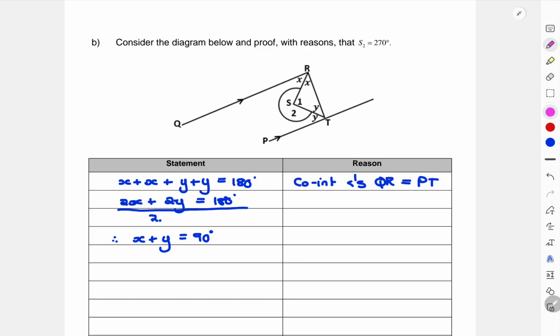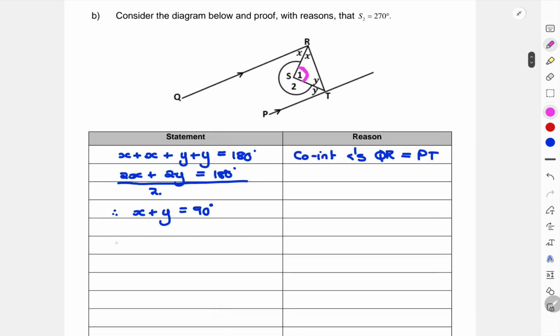Okay, so let's see how far that gave me. Can I then work out this S1? So let's write that up. Angle S1, sorry, plus x plus y will also give you 180 degrees. Am I right? Okay, so if you look at interior angles of a triangle, this one plus this one plus this one gives you 180. Why?